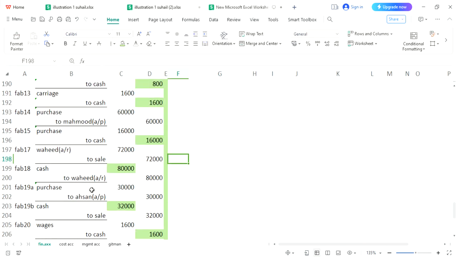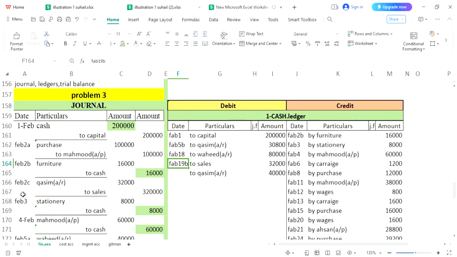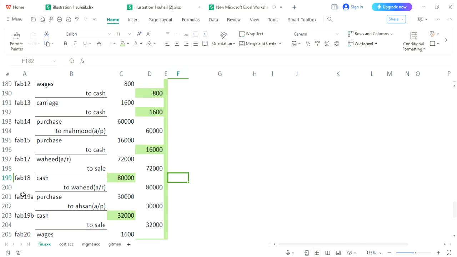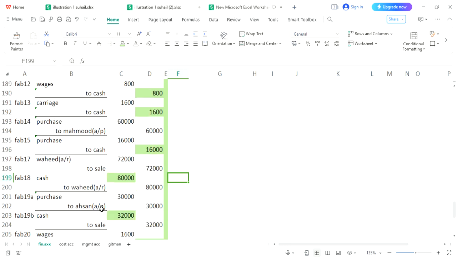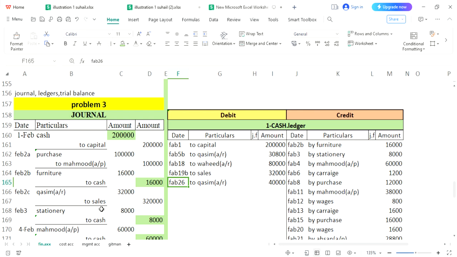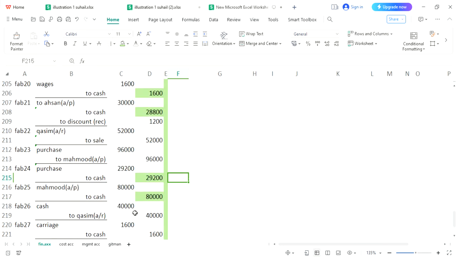See the 40,000 date, which is February 26. Put the date over here, February 26. And now for 40,000, cash is debited, reference is written, date is also mentioned, February 26, 40,000. So just mark this entry as it has been done.